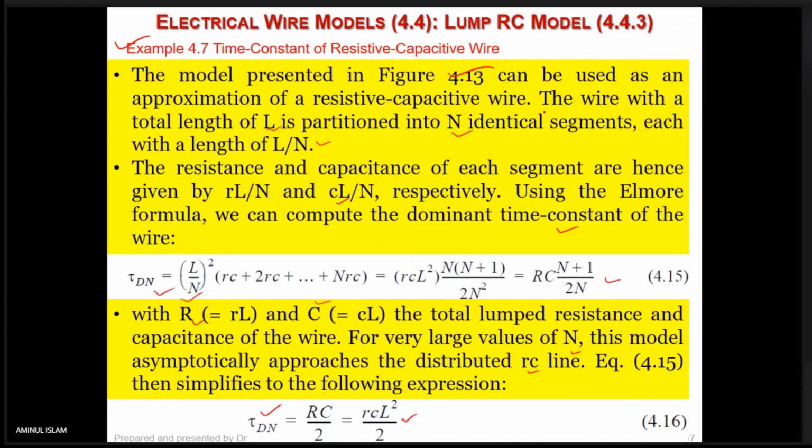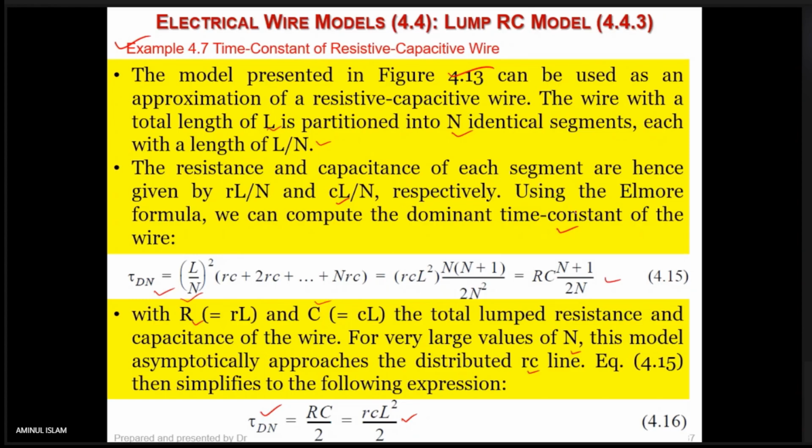The wire with a total length of L is partitioned into n identical segments, each with a length of L by n. That's what we have already seen there. The resistance and capacitance of each segment are hence given by rL by n and cL by n respectively.